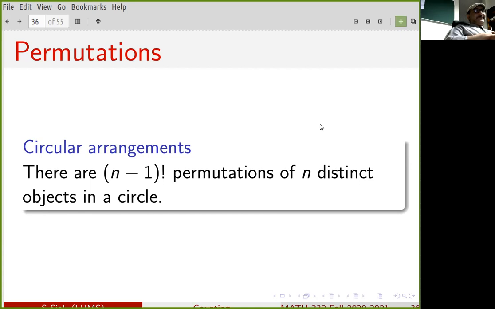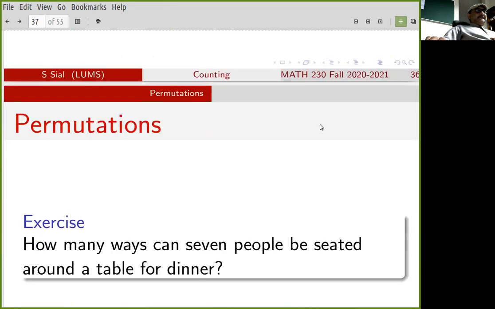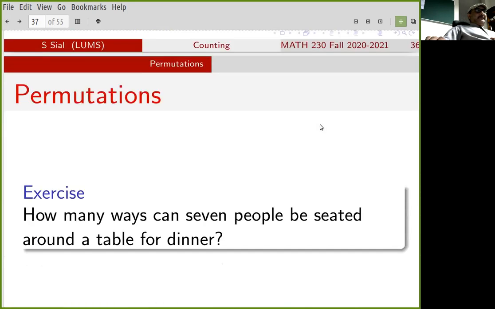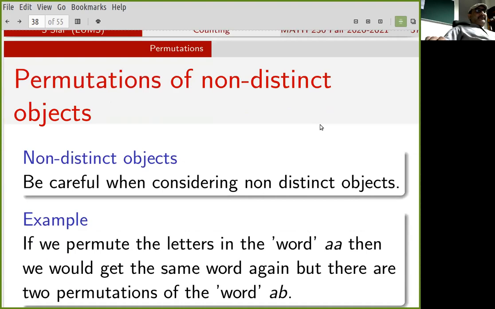I'm going to let you think about why that is. Let's try another exercise. How can 7 people be seated around a table for dinner? It's a circular table. 7 minus 1 is 6 factorial.